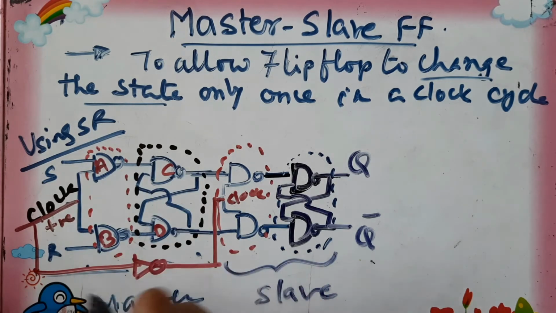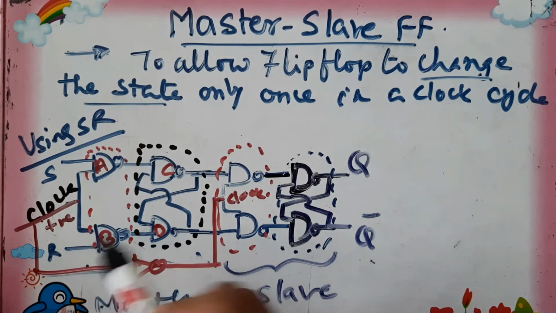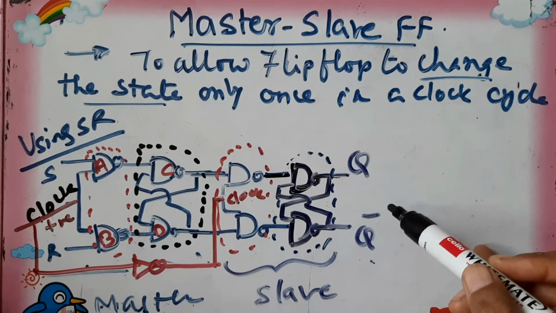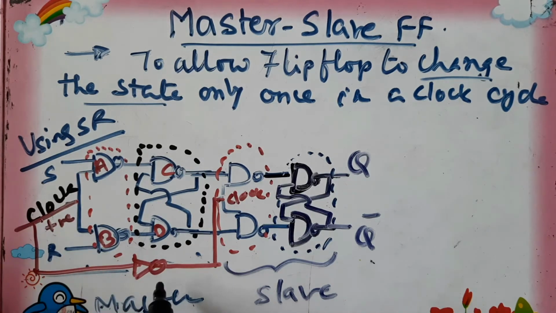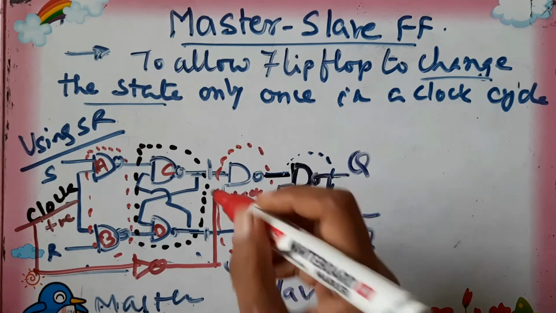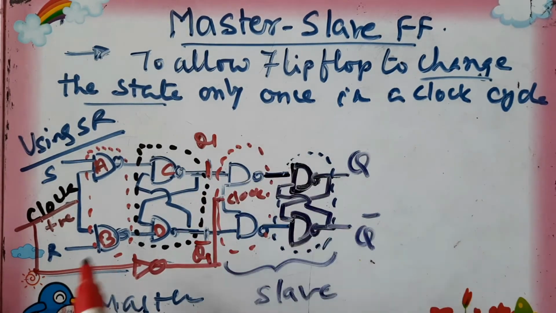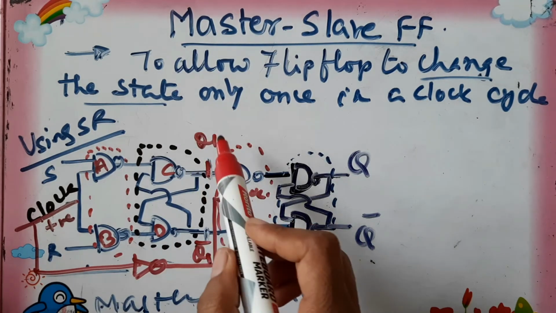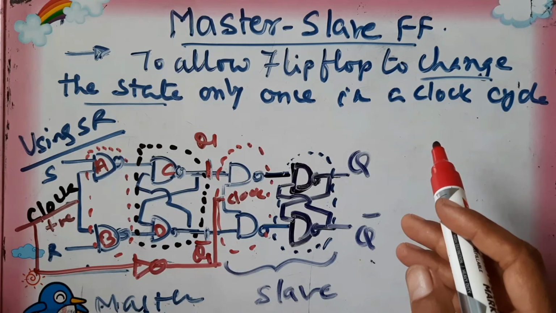So during the positive clock, the master will be activated, but the output will not change because the outputs are coming from the slave. When the clock is positive, the master will act and the outputs will be available only at Q1 and Q1 bar, but they are not the main outputs of the circuit.